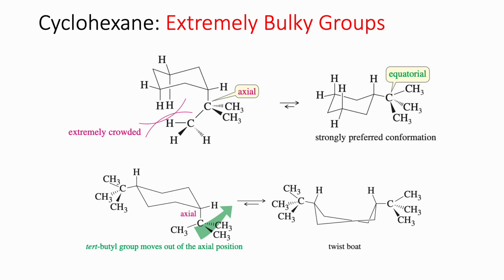So regardless of what's going to happen to the other substituents on the ring, if we have a tert-butyl group on a ring, the most important thing to do is make that tert-butyl group equatorial, even at the expense of putting other groups axial, because that tert-butyl group is such a big group that it's worth 3 methyls in the axial position or more. So it has to be in the equatorial position, essentially. The point is, when you have T-butyl, you must make it equatorial.